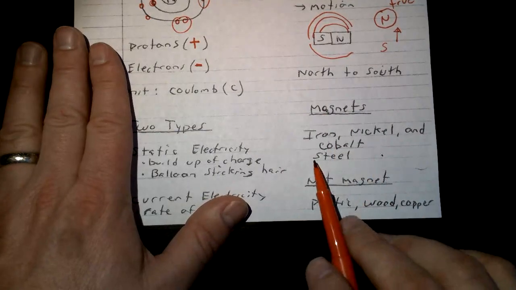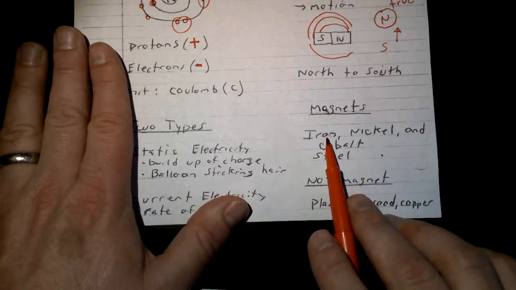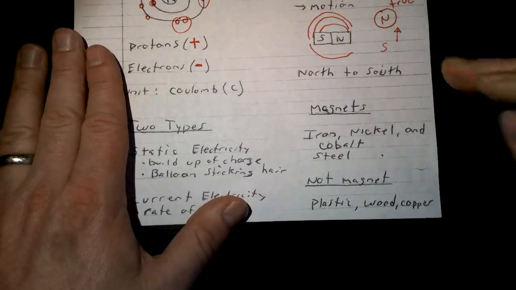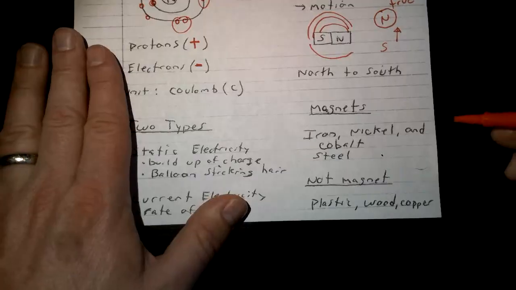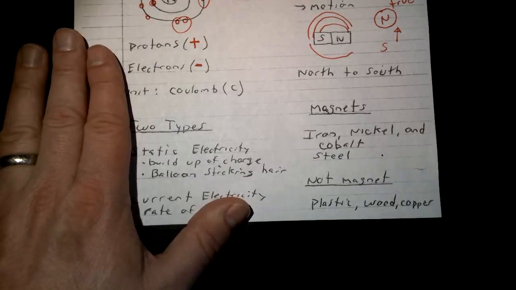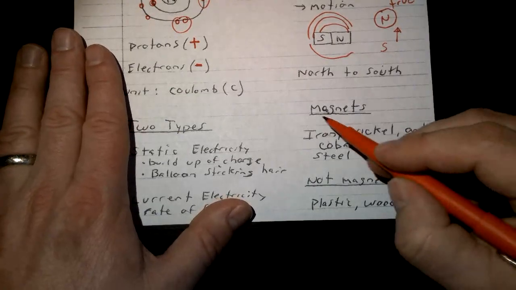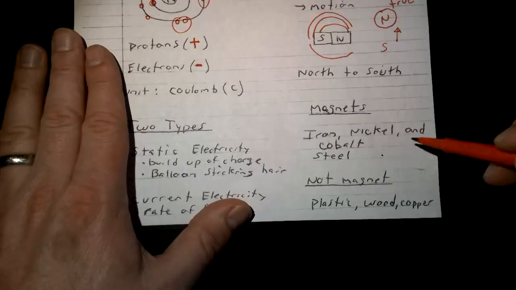If you have iron and nickel and cobalt, you have what we call a magnet. If you have a penny, pennies used to actually be some kind of cobalt, if you think about it. But what makes this very magnetic?